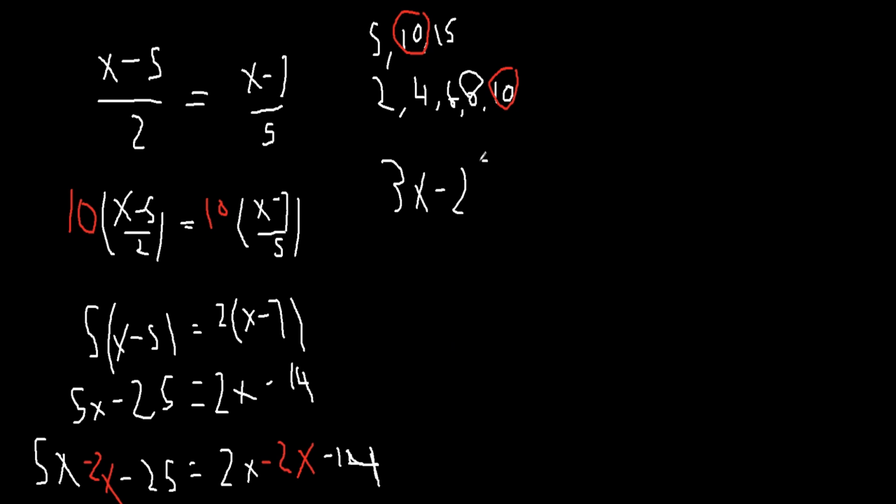minus 25 equals negative 14. And this, of course, we can use our opposite operation with negative 25. Since we're subtracting, we can add.